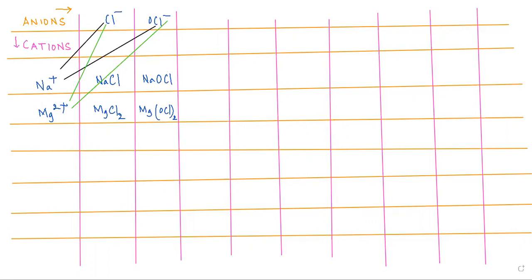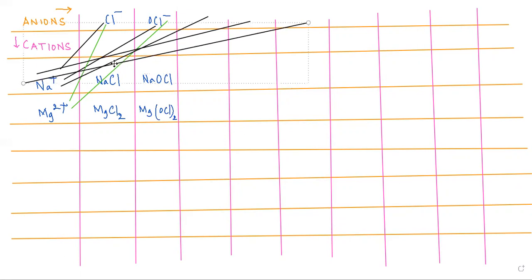You know, this cation with all the anions that you write here. Take it this way also. Then take it this way again. So with this cation, you write the formula for all the anions.